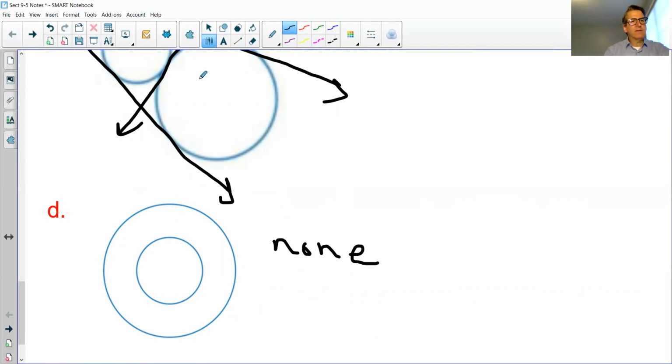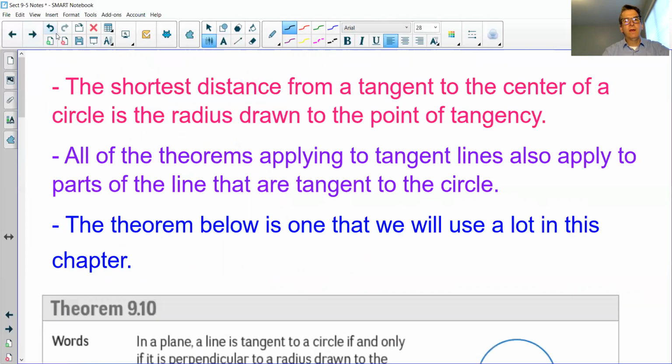Okay, so next page. The shortest distance from a tangent to the center of a circle is the radius drawn to the point of tangency. All of the theorems applying to tangent lines also apply to parts of the line that are tangent to the circle. The theorem below is one that we will use a lot in this chapter.